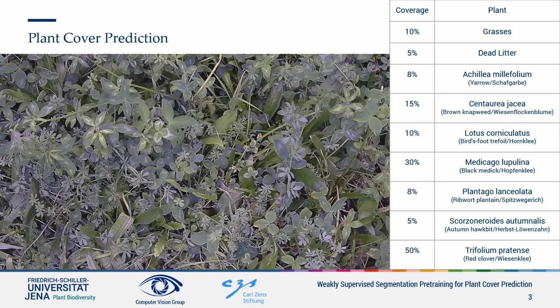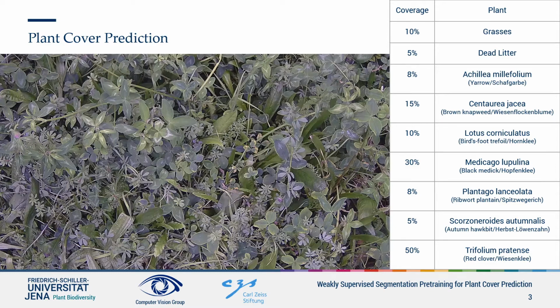So the task we are actually trying to solve is the so-called plant cover prediction task. The basic aim is to utilize images like the one you can see on the left side, analyze the plant species contained in the images, and then predict a plant cover vector, which is a numerical vector like the one you can see on the right side, which tells us how many percent of the ground are covered by each different plant species.